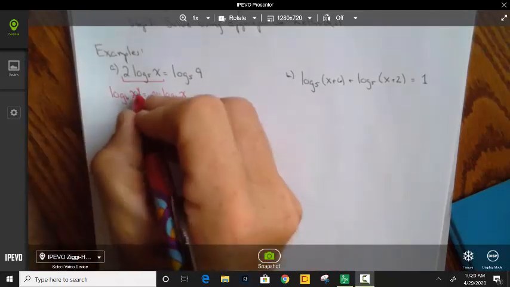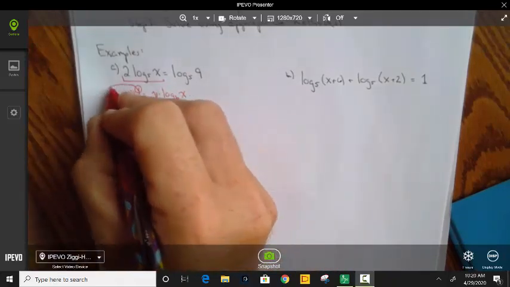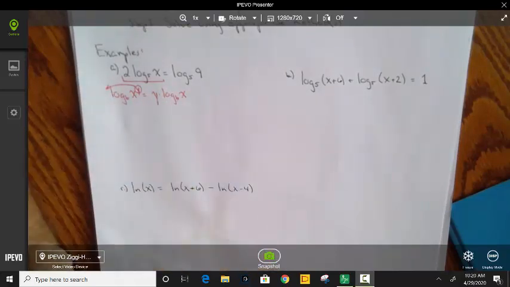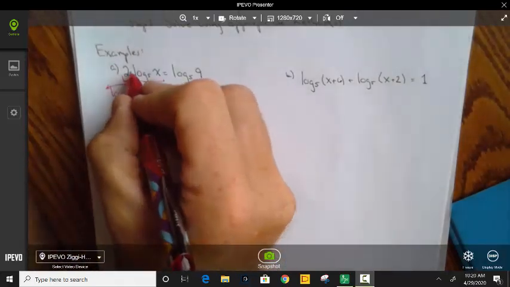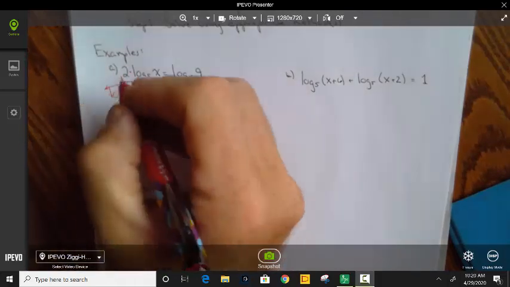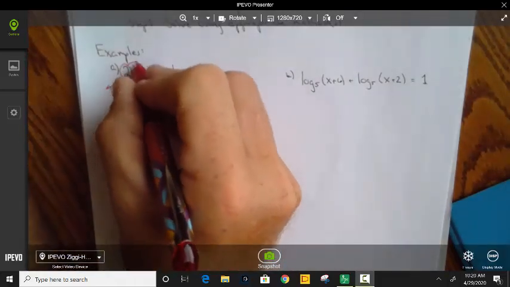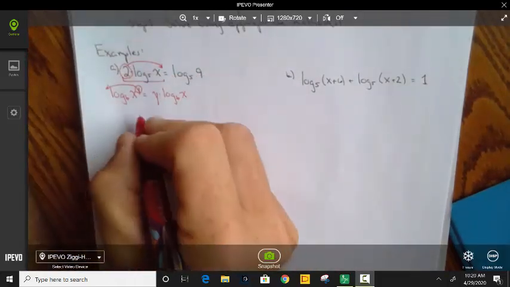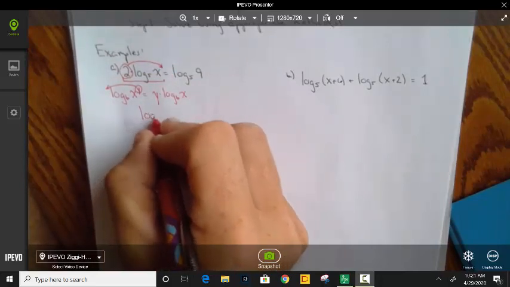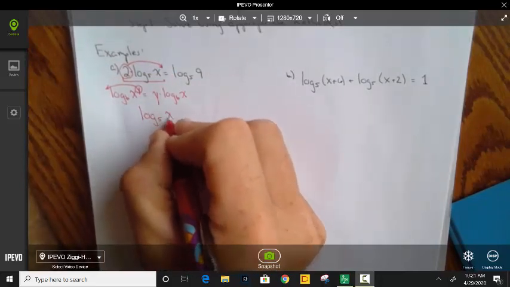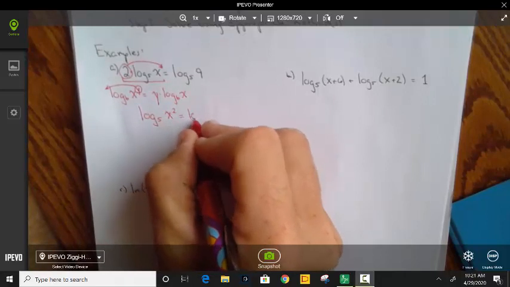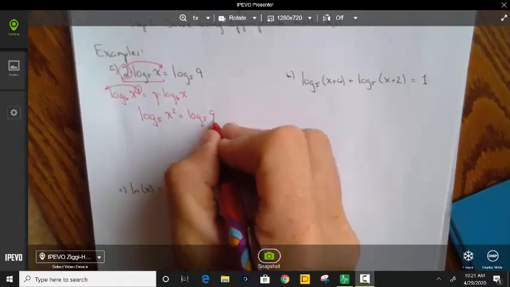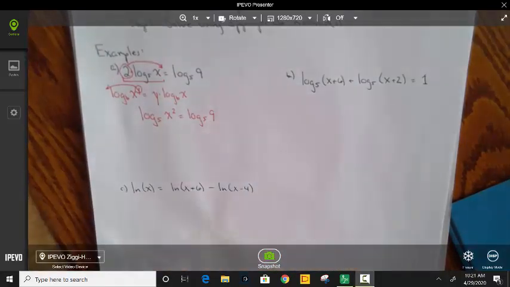That property said that if you have a power, the power gets brought to the front of the logarithm. So the fact that this 2 is in front being multiplied means it can be condensed back into a power, and we can rewrite this equation as log base 5 of x squared equals log base 5 of 9.